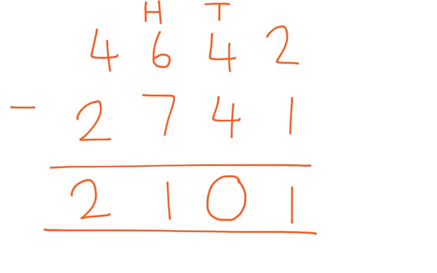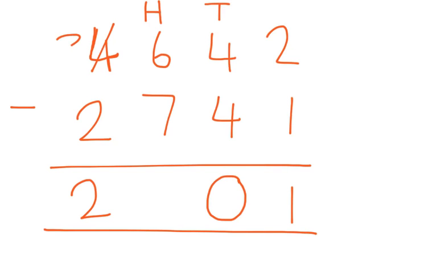So if I'm going to correct that for you now, I did 7 take away 6, which equals 1. But what we needed to do was to exchange. All right, so I need to look into my thousands column.